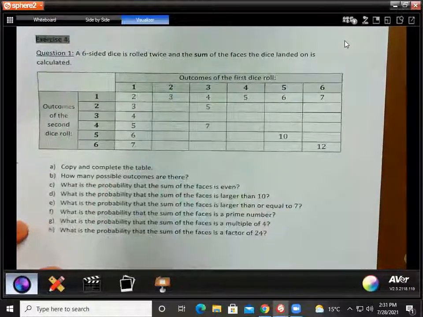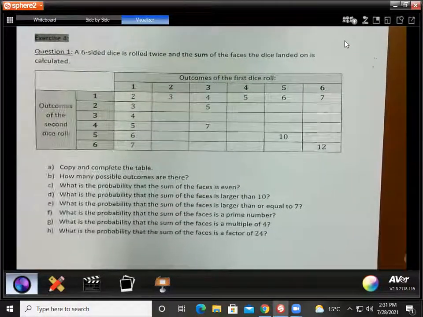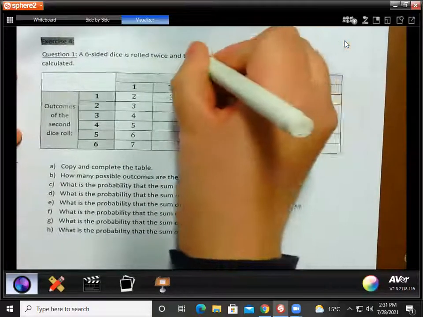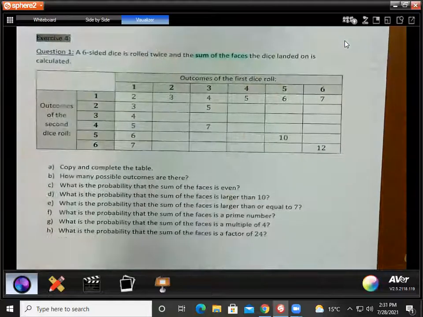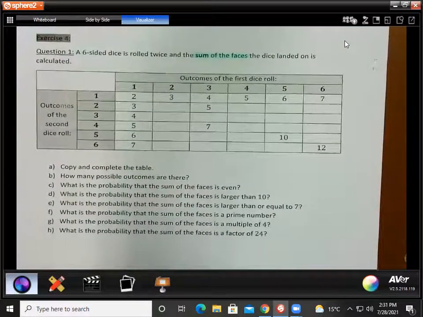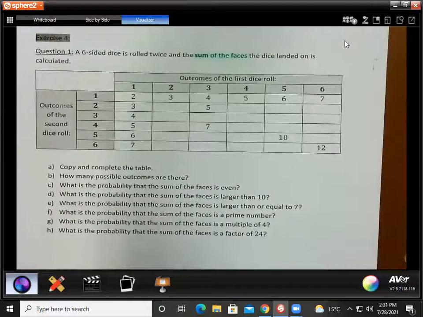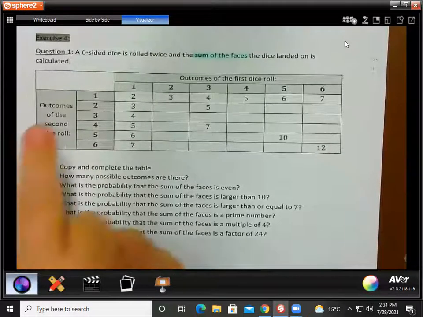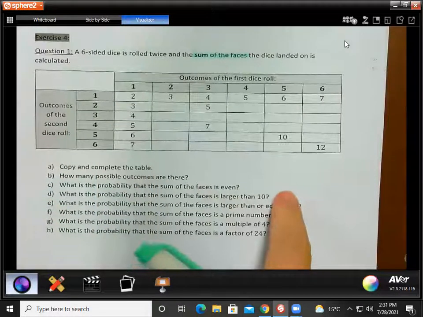Now, guys, this is important. They're saying the sum of the faces. So that means whatever the first dice is landing on and whatever the second dice is landing on, you add them together. Okay, some board games you have to do that. You have 2 and you roll them and you add the 2 numbers together. All right, and that's your total. So that is what's going to go in these blocks.